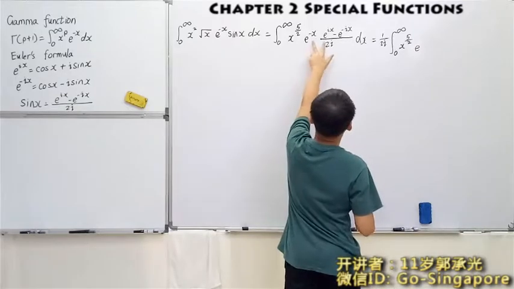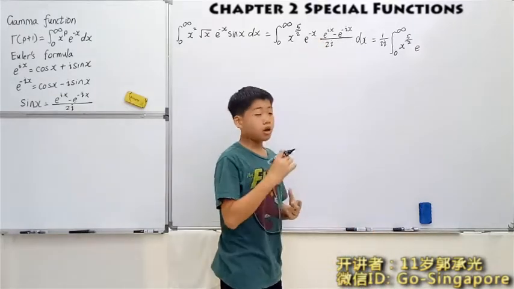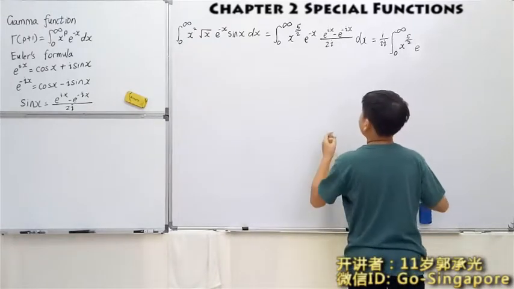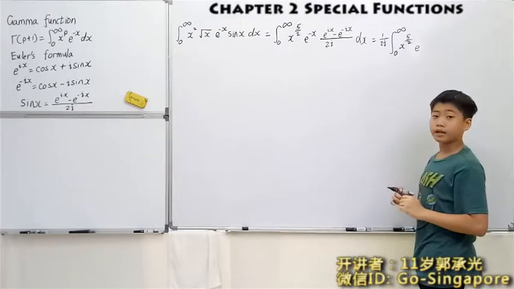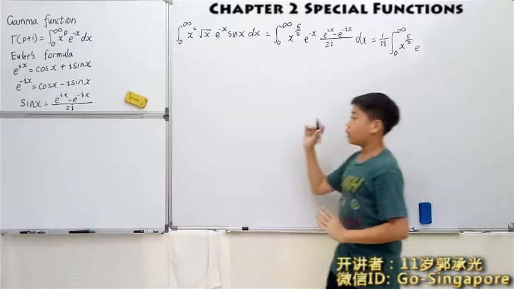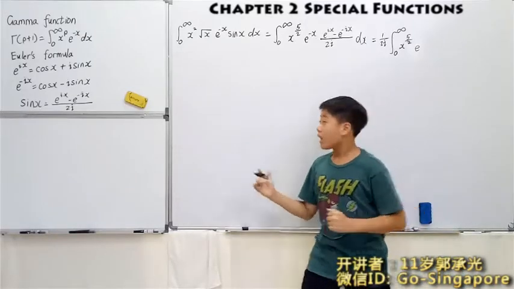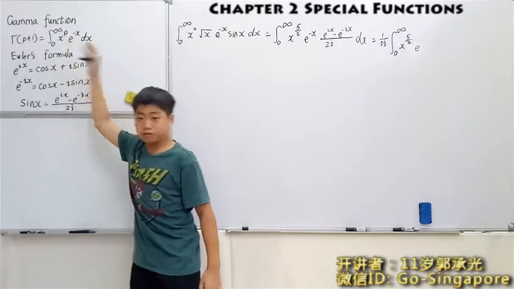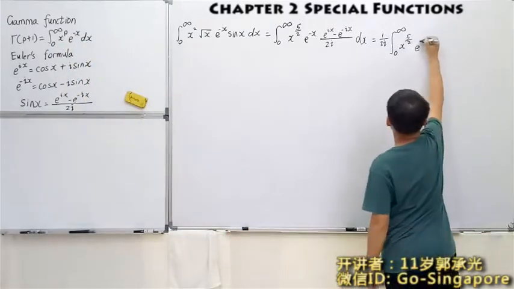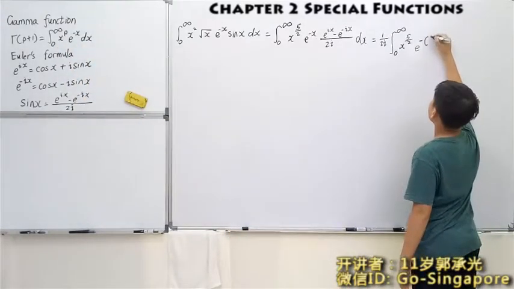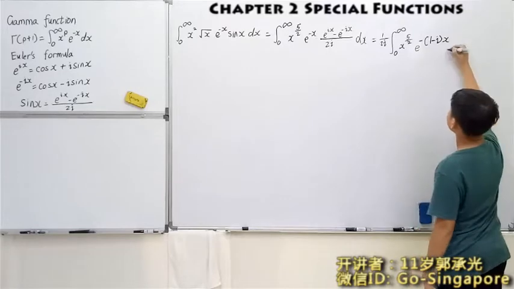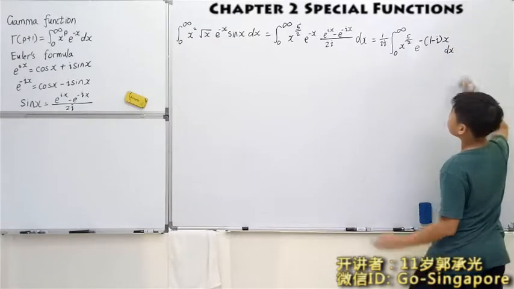But now there's a problem. Do we write i minus 1 or do we write negative 1 minus i? Because we want to make it simple, and in that definition we need a negative. So that is why we'll put a negative 1 minus i. Then here's the x and dx.